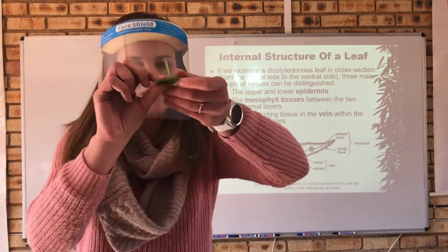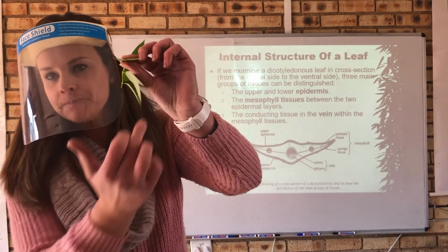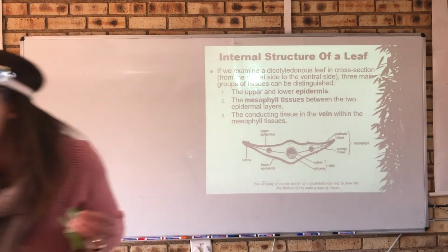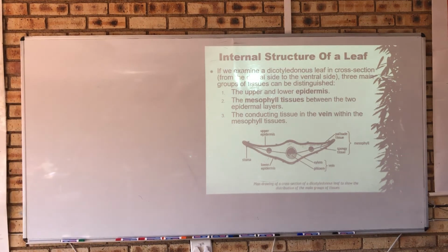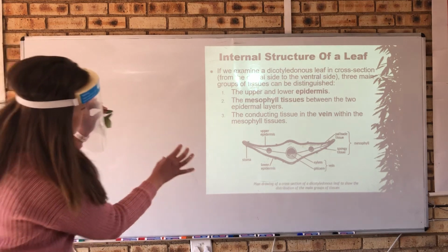That's what we're looking at. So we're looking at all these tissues. This is microscopic, guys. Everyone get that? So we're looking at the tissues inside of this beautiful thin leaf. And this is what we're going to see.